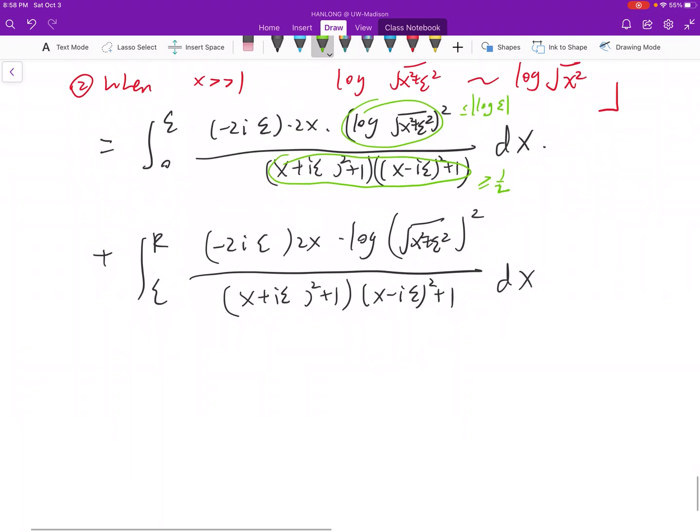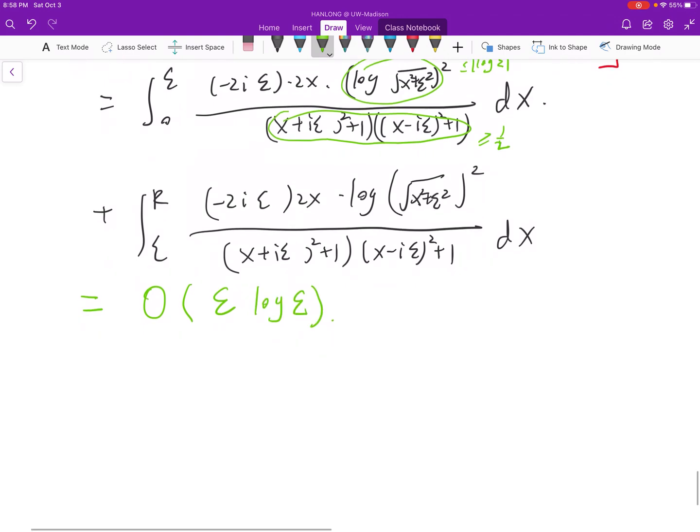Okay, so totally the first term gives you O of ε log ε. Okay, then for the second term, it's a little bit more involved, but we can still do that.